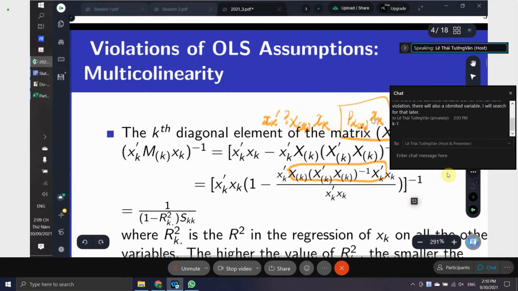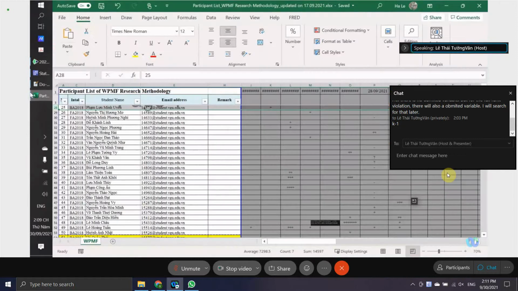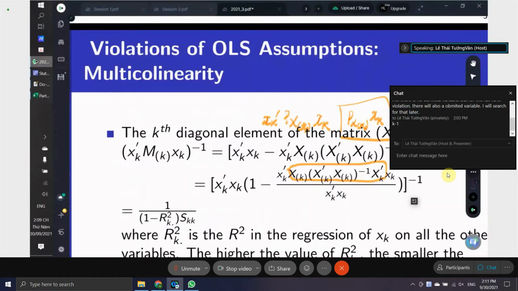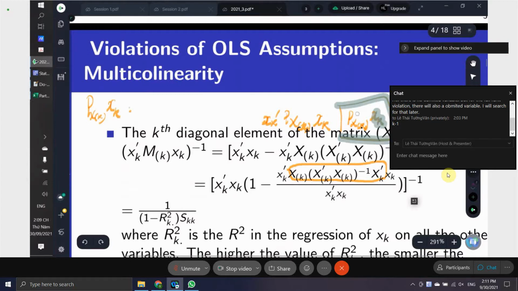Can you please speak? What is the quantity p xk times xk in this case? Let me see. p xk times xk. What is this quantity? I think it's K. Can't hear you.